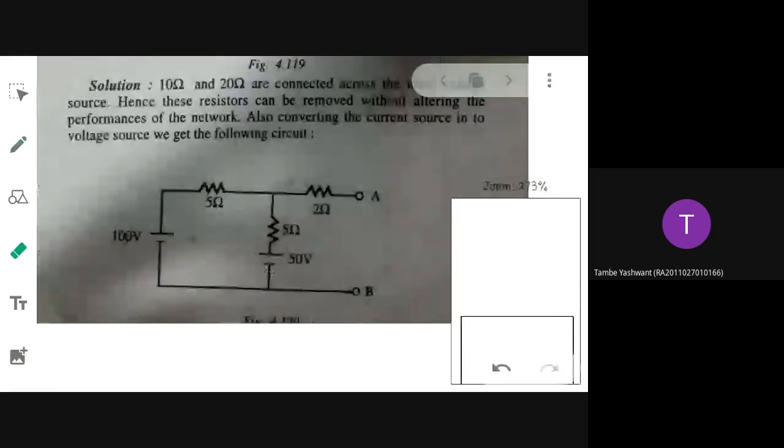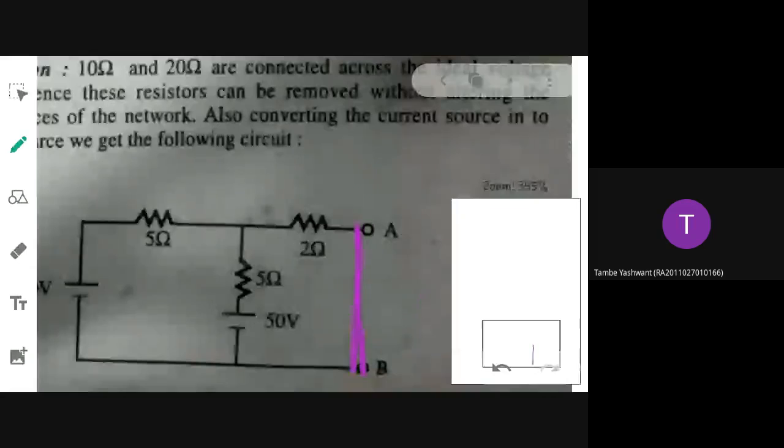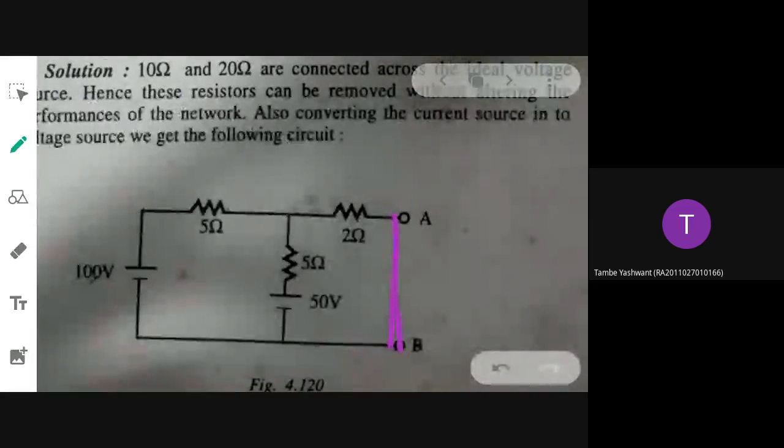Now, how can you proceed for finding out I_N and R_Thevenin? I want the current between A and B, so I'll be shorting it. I want to find out I_SC. What law can I apply? Easy one.